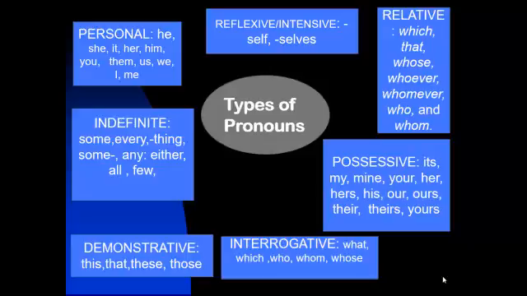But just remember that the reflexive and intensive pronouns are all those that end with "self" in their singular, for example, himself, herself, itself. And in their plural they end with "selves," themselves, ourselves.